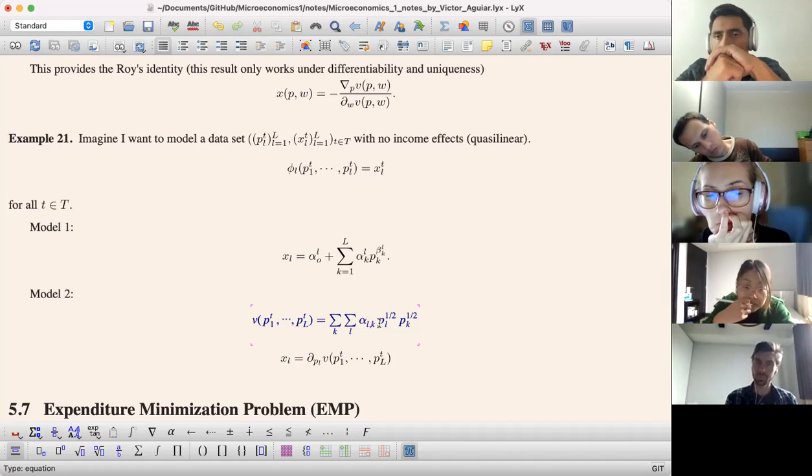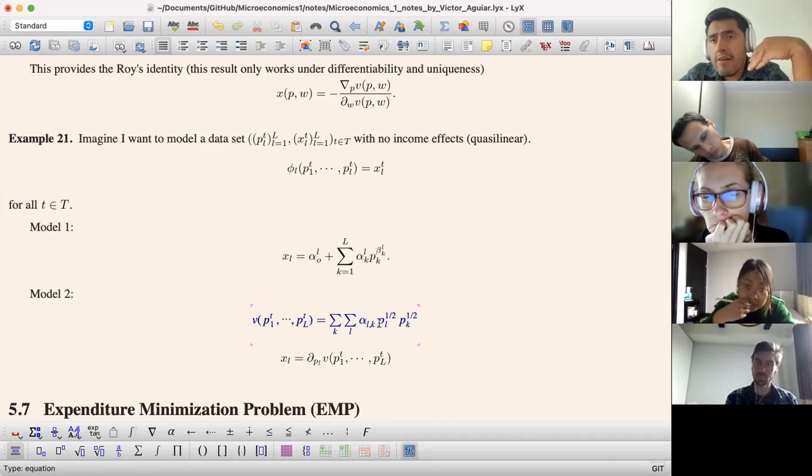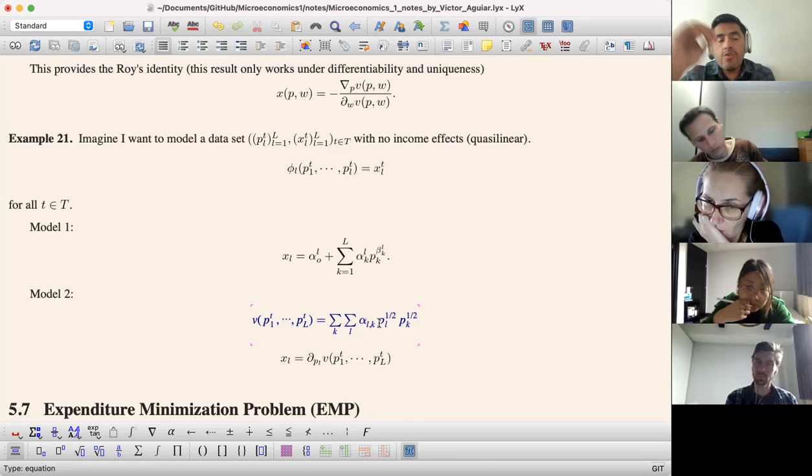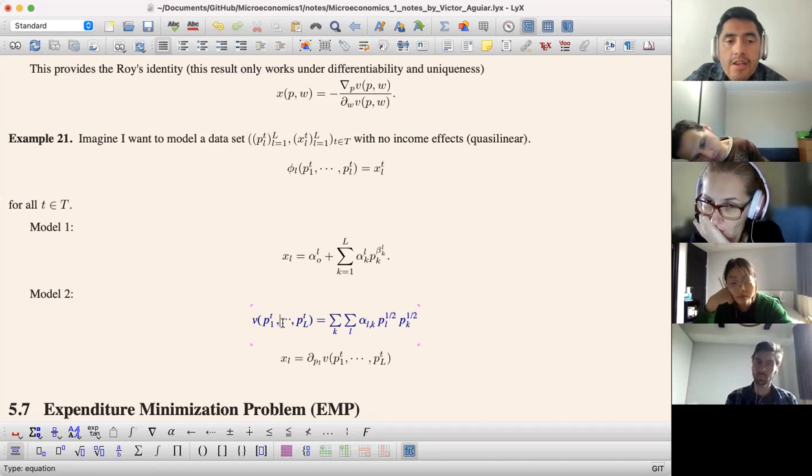And I say, for instance, look, even if you have 1,000 stocks, they are going to be mapped to a single number, which is the utility. Let me model now the indirect utility directly, right? And now what you're going to do is write down the indirect utility with a statistical model.